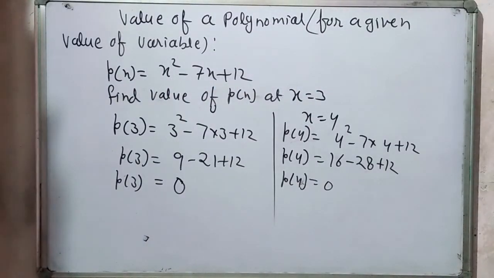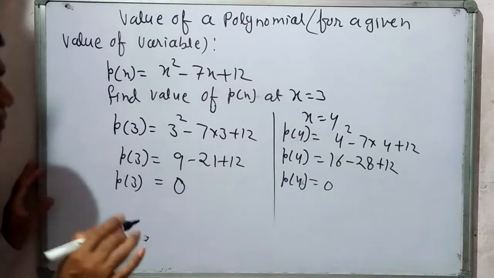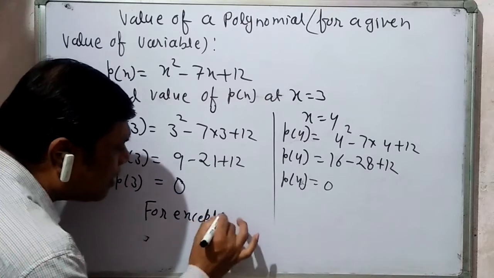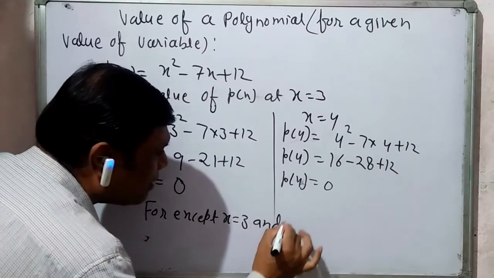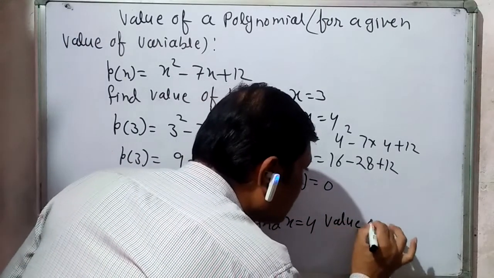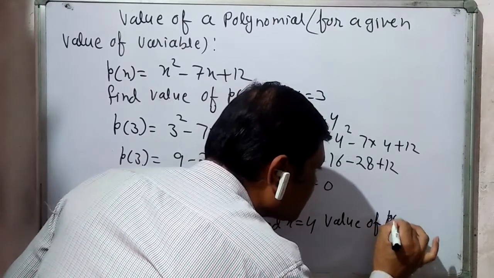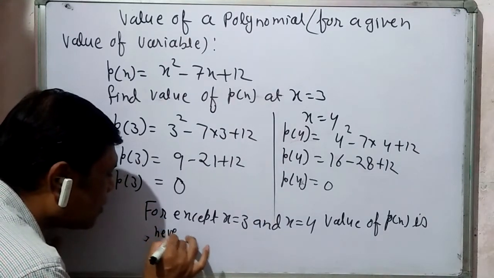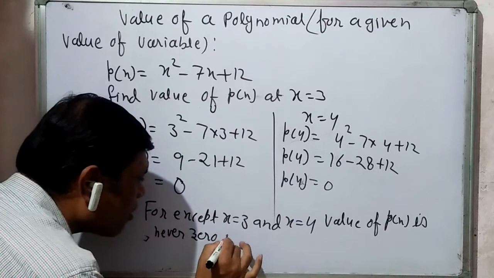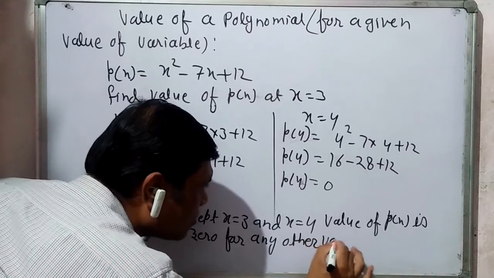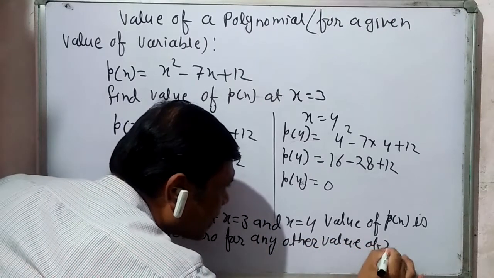You may easily verify this, that except x equals 3 and x equals 4, value of p(x) is never 0 for any other value of x.